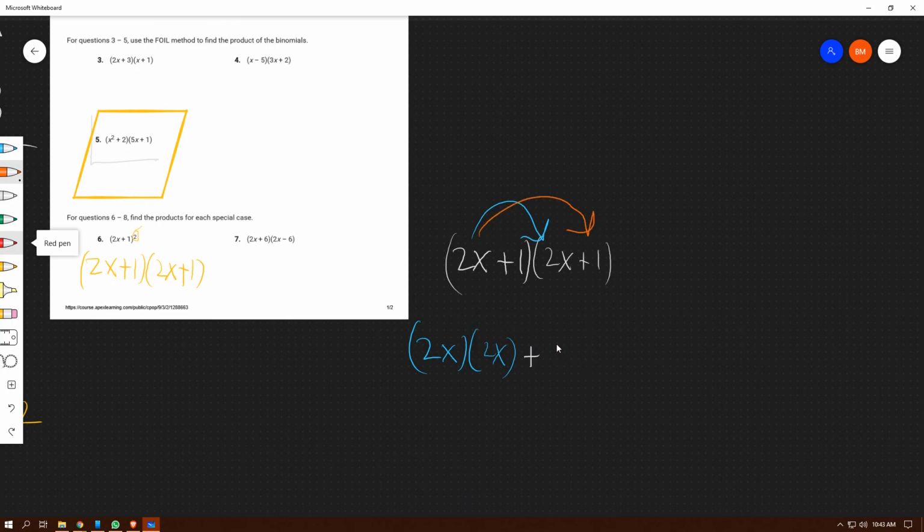Outer. Inner. And then last. Just doing multiplication now.